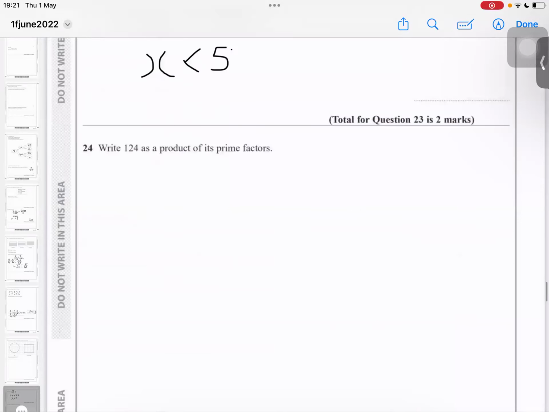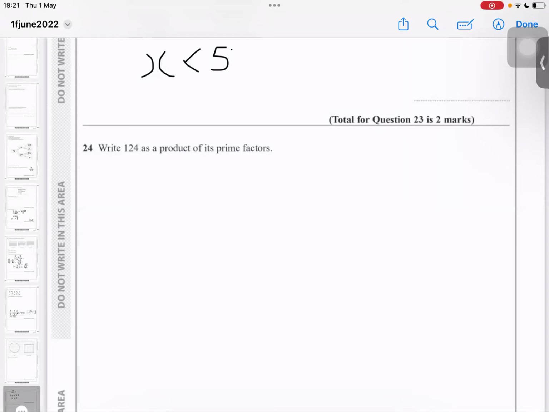Okay, the next one says write 124 as a product of its prime factors. This is quite straightforward, right? I would advise you start with 2. 124 is 2 times what? 2 times 62.